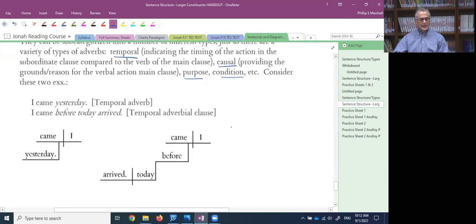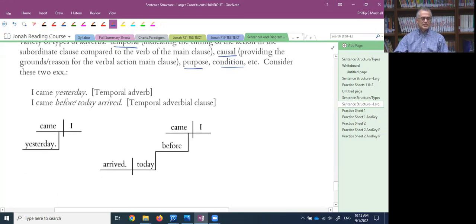I came yesterday. There's a simple sentence with an adverb, right? That adverb is modifying not I, but came. It's telling you when the action happened, yesterday, relative to the time of speaking.